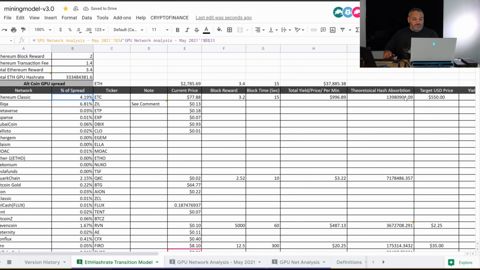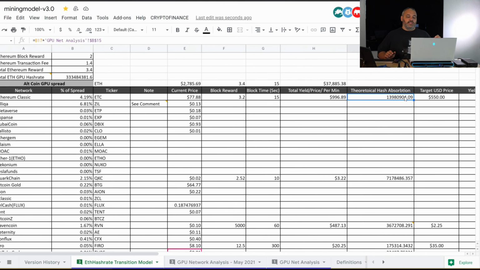Right now, as an example that I was running on this one, Ethereum Classic at a price point of $77 has a current net hash of 25 terahash. If it absorbed its proportional requirement, which would be about 25%, that's about 139 terahash. That's where this is coming from right here.